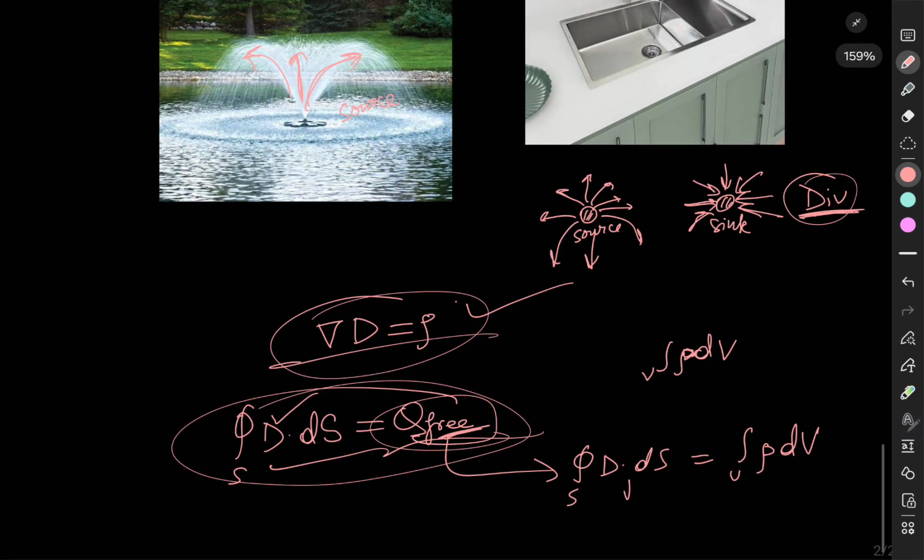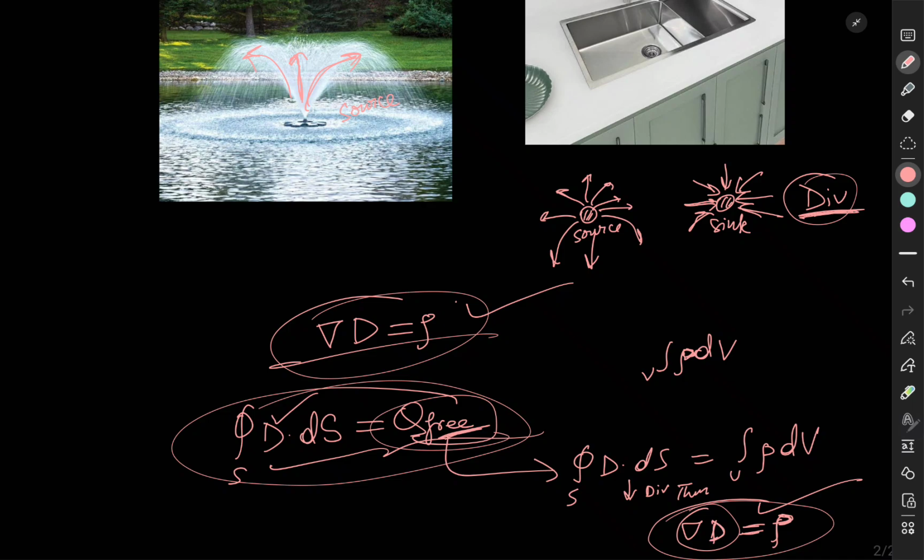Now simply by using the divergence theorem again, we will convert the surface integral into a volume integral. Hence we get something like this. And since both the integrals are the same, we can compare the terms inside. Hence we get divergence of D is equivalent to the charge density. This also explains the same thing.